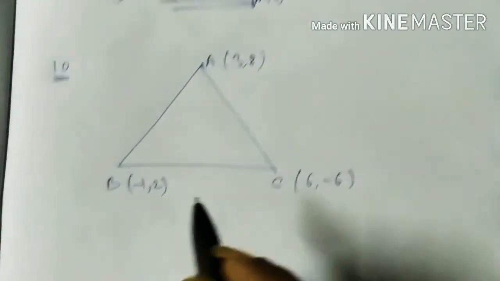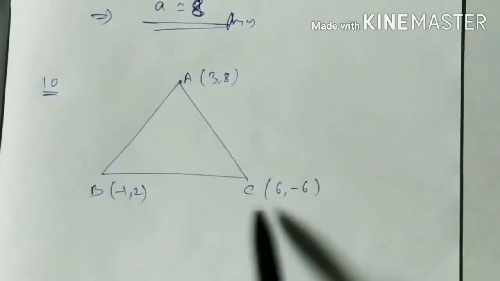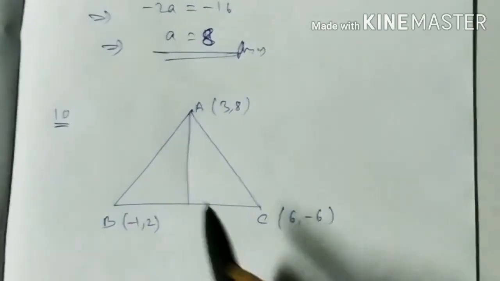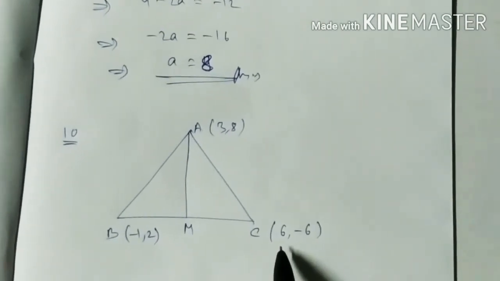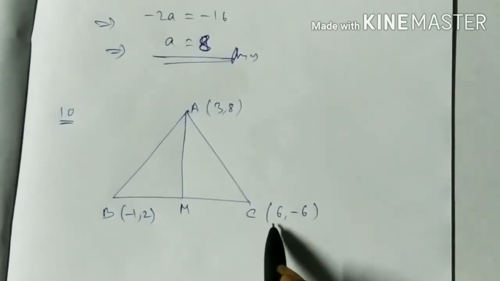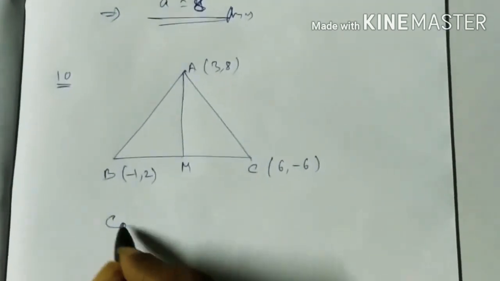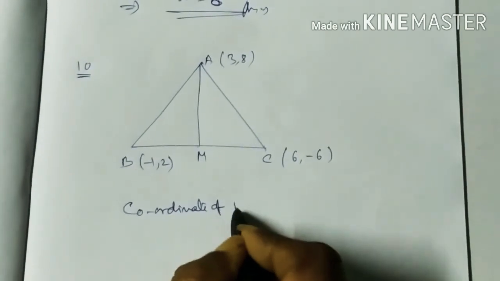So this is the triangle. Coordinates I have written here. Now the median, that is M, is the midpoint. So with the help of the section formula, I am going to find out the coordinates of M.